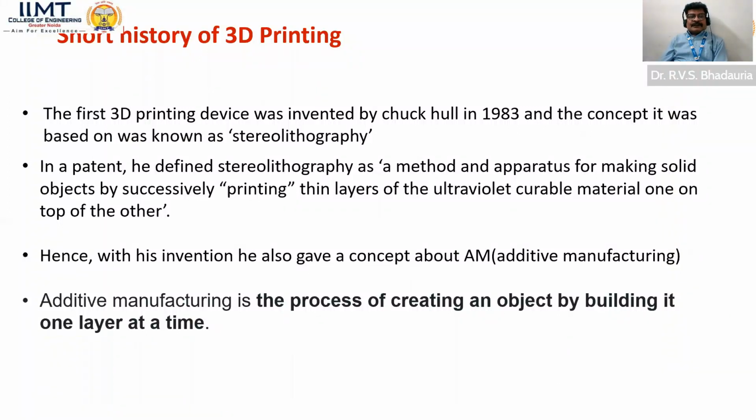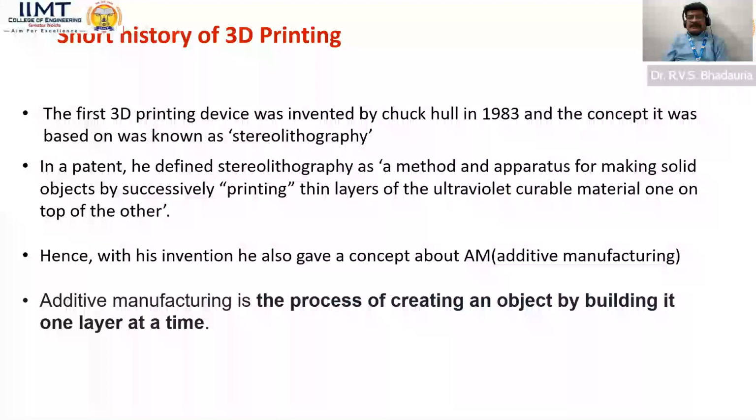History. Some short history of 3D printing. This is a very critical part of this printing technology. Chuck Hall. The first 3D printing device was invented by Chuck Hall in 1983 and was based on what was known as stereolithography.